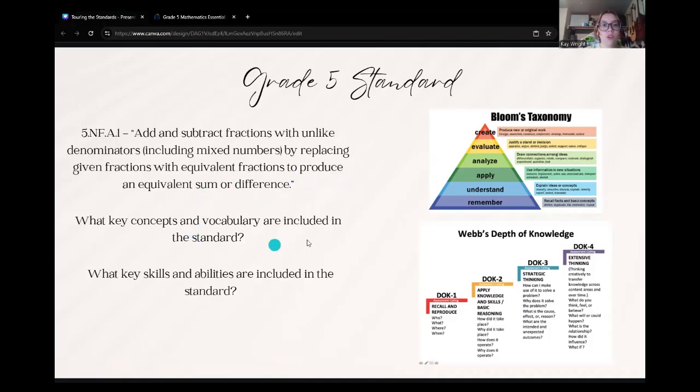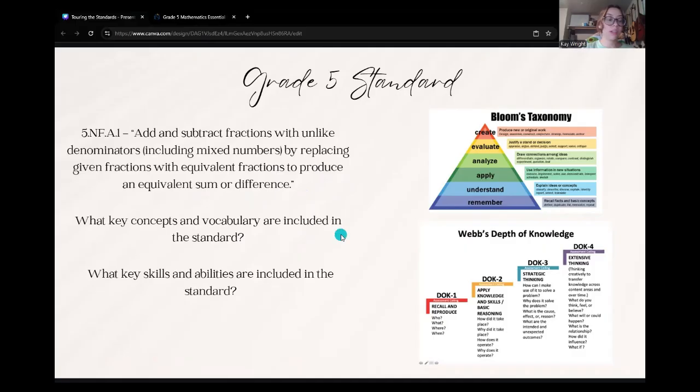For key concepts and vocabulary, I picked out important words like fractions, unlike denominators, mixed numbers, and equivalent fractions. These are the concepts and vocabulary words that students need to understand to be able to complete the standard and also to move on to future standards.